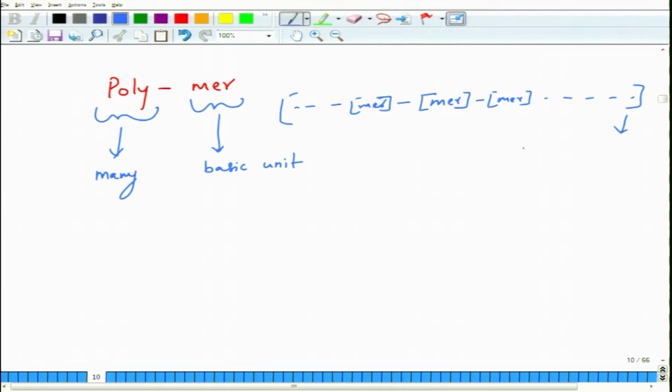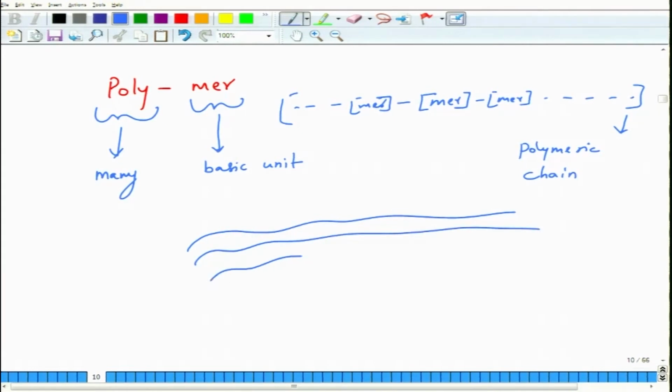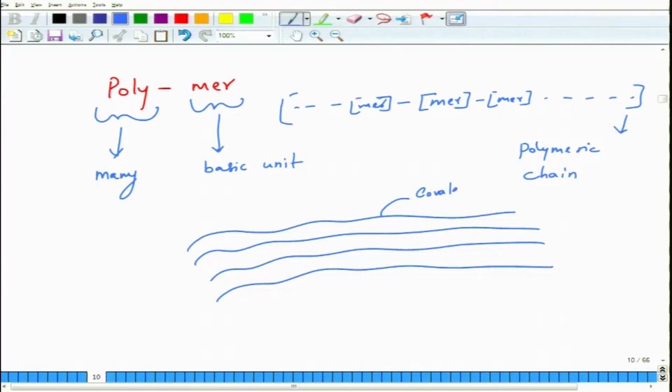So, this is a polymeric chain, which is typically covalently bonded within the chain. But if you have many such chains, the chains are covalently bonded within, but between chains you have secondary bonding. This secondary bonding between the chains allows flexibility in the structure of polymers.